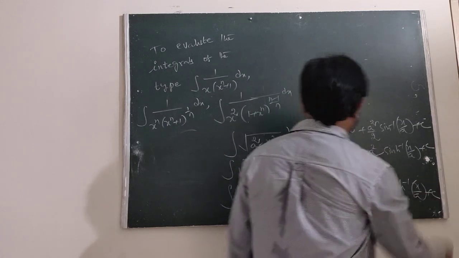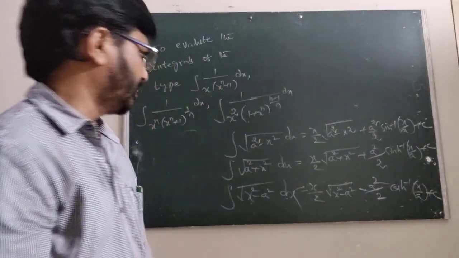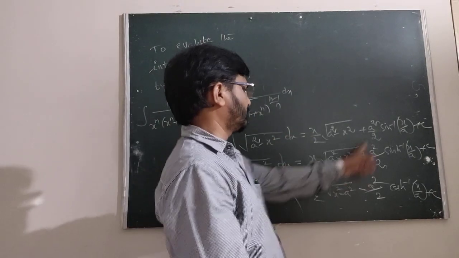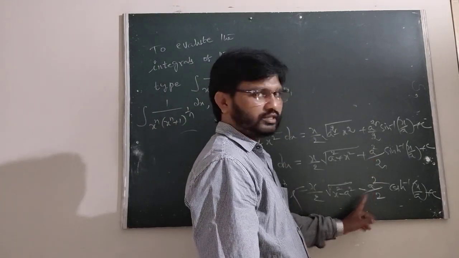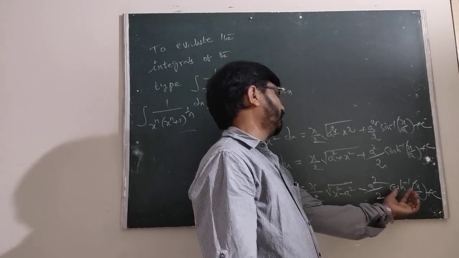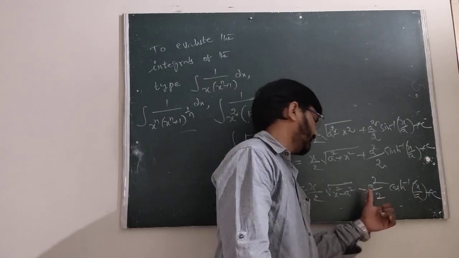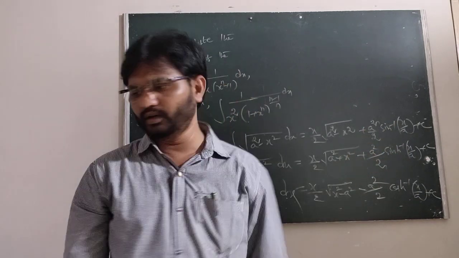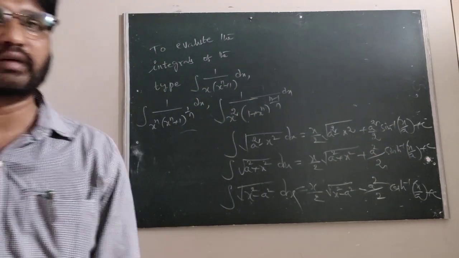These are the last three for comparison. They are the same, but here it is plus a square by 2, and here it is minus a square by 2. Before you write cos h inverse, you cannot take a negative sign, either for sine inverse or sine h inverse; we have to take only the positive sign.